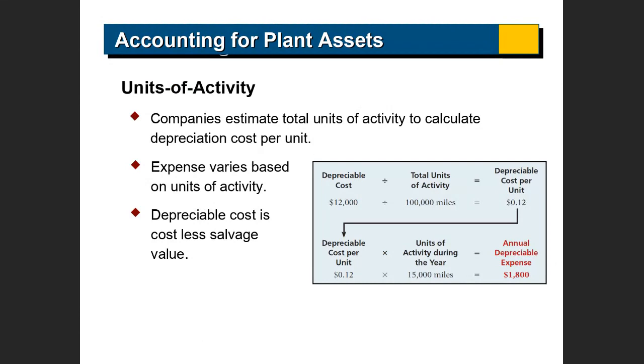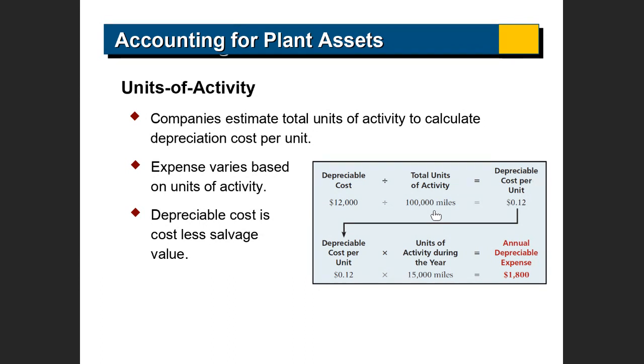Now, if we compare, okay, we have one more method, and that is the units of activity. So we have $12,000 as the depreciable cost, and we have 100,000 miles. So here again, we're using the 12,000 and not 13,000.